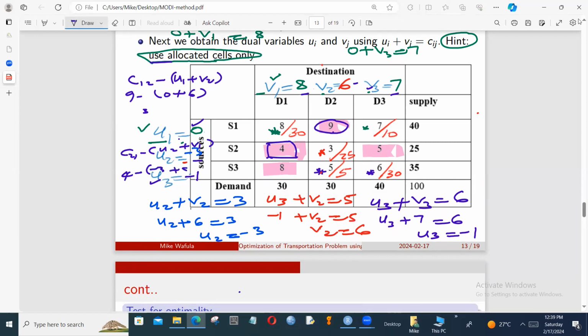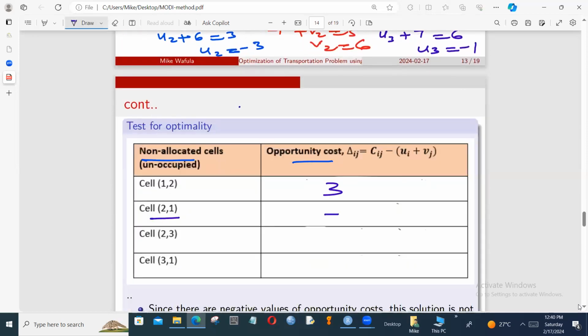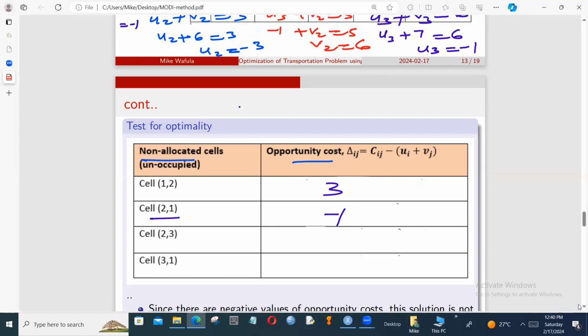You agree with me that -3 plus 8 is actually 5. So 4 minus 5 is going to be -1. Do you see that? So this is going to be -1 as our opportunity cost associated with this. So let's calculate the opportunity cost for the remaining 2 cells.